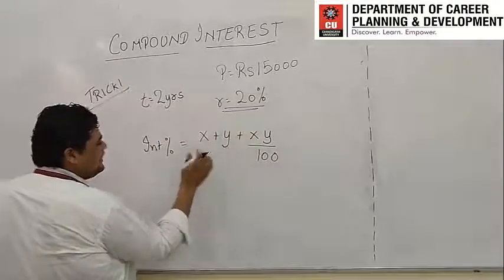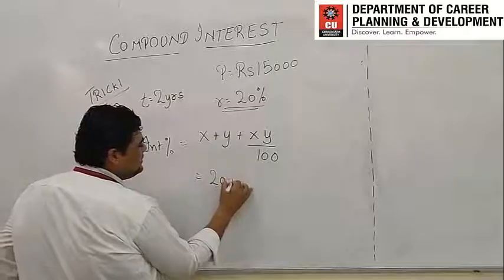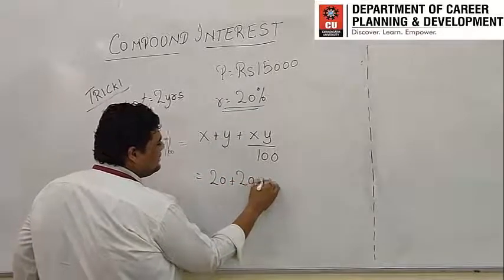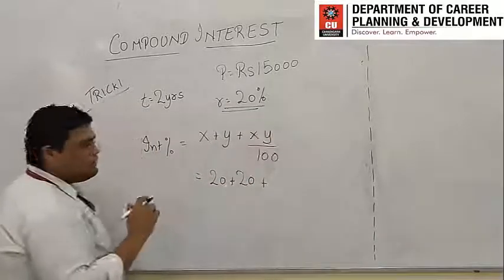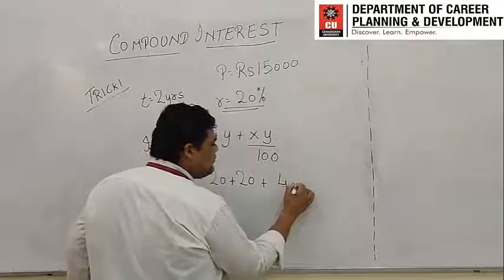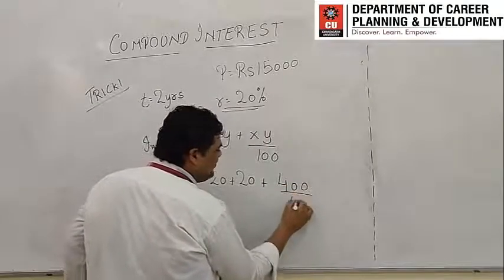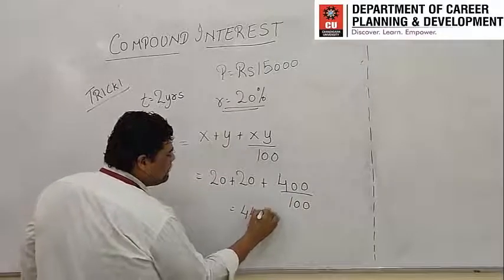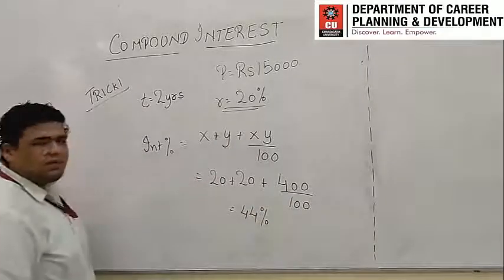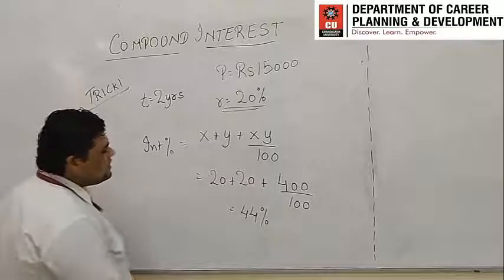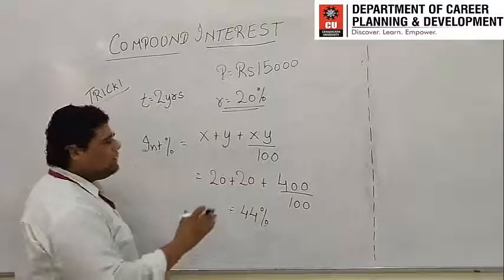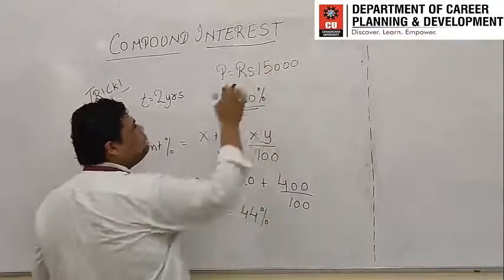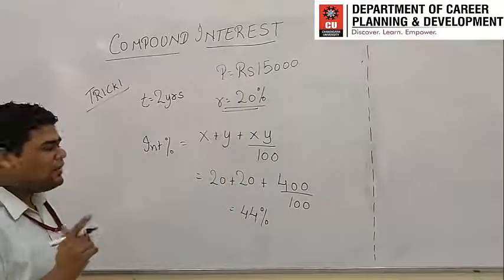Now x will be 20%, y is also 20%, then x into y, so 20 into 20, that is 400 divided by 100. It is coming out to be 44%. Now you simply have to calculate 44% of rupees 15,000.